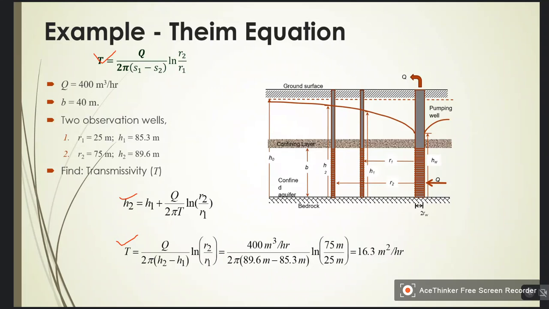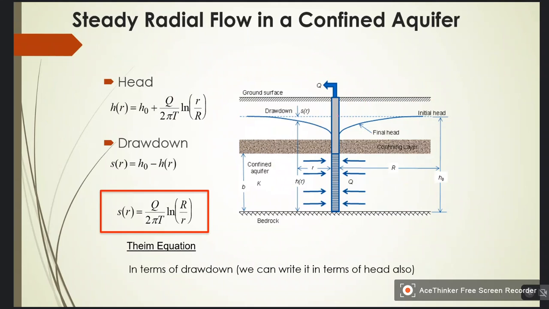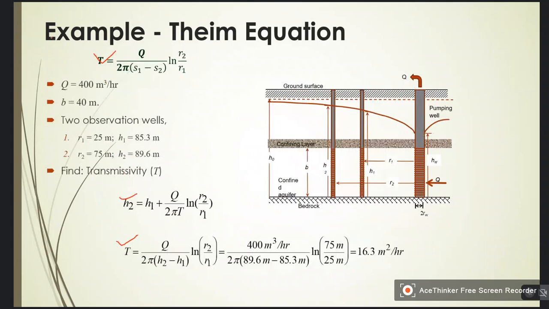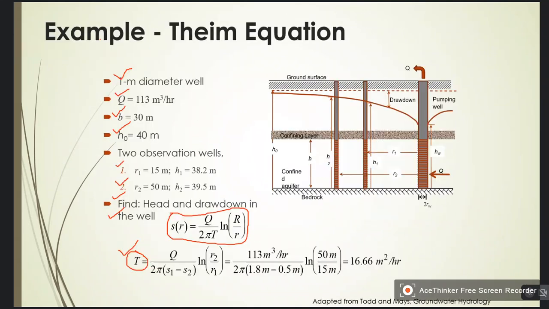So if you take this equation, T is equal to Q by 2 pi (S1 minus S2) log R2 by R1. So this is our equation.